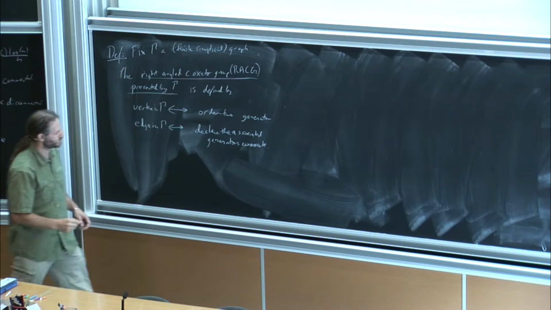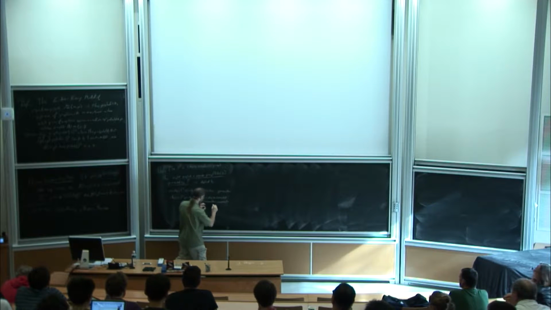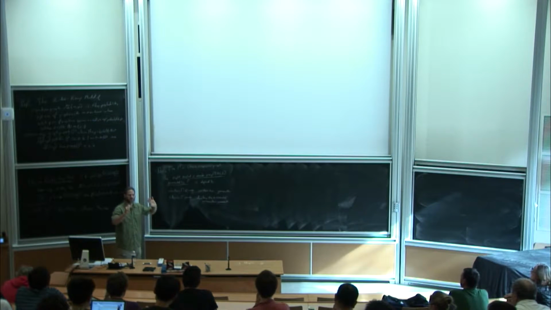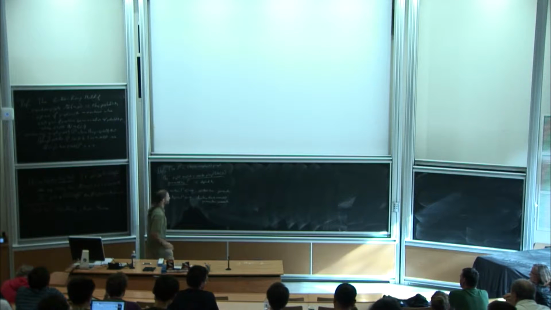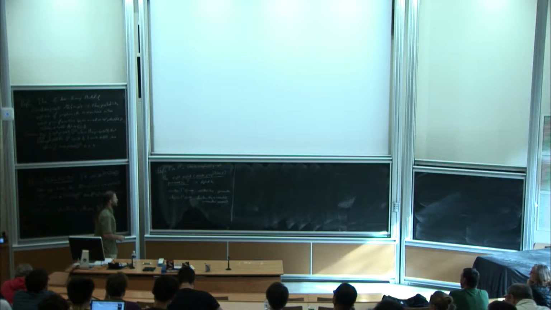So edges here mean commutation. It's the opposite of what the convention was yesterday for writing Artin groups, but that was also the opposite convention people often use for Artin groups. So this is the standard convention. Okay. All right. So these are the right-angled Coxeter groups.